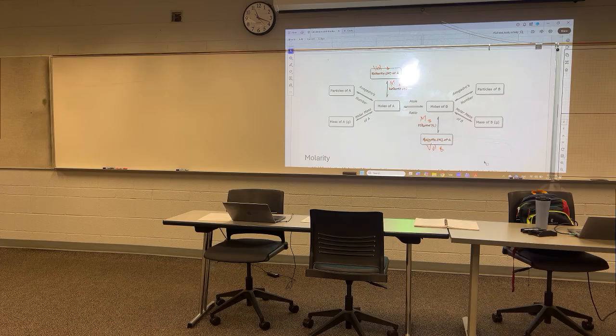So if you want this number to be 5, what number can you multiply by 2 to give you 5? We're going to change the coefficient 2. It doesn't matter if it's 2, 10, 12, 100. We're going to set a new coefficient. 5 over 2 times 2 gives me 5.